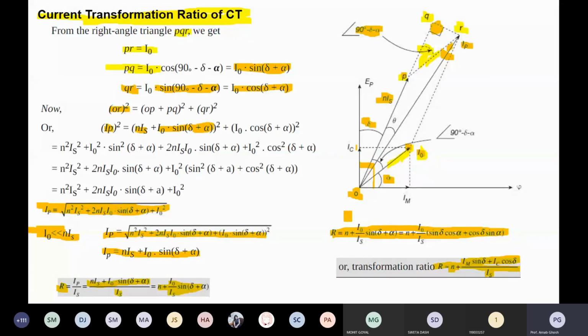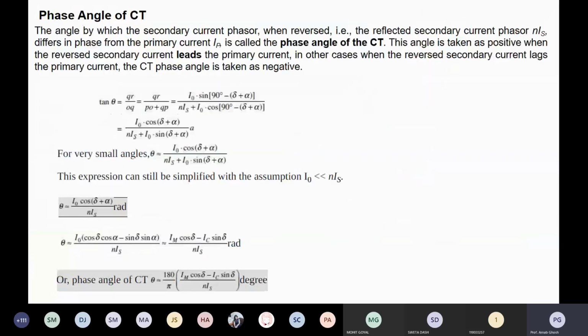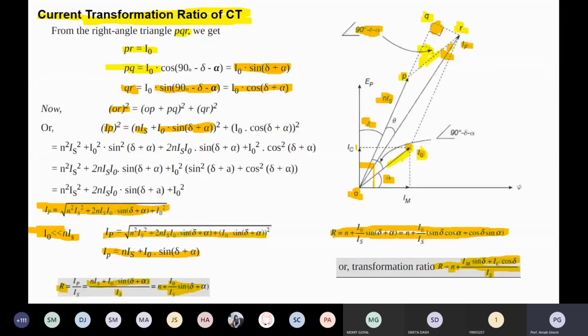Okay, so you are able to find out the transformer ratio. Now you have to go for the phase angle of CT. So what is the phase angle? It is the angle by which the secondary current phasor, when reversed, differs. In the previous case the secondary current was there; now the current is reversed, so it is your NIS.